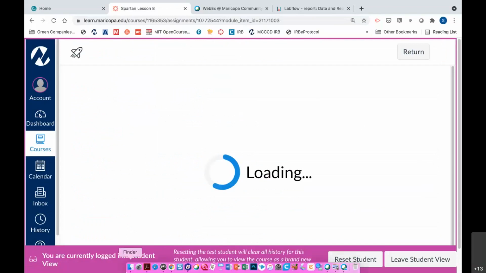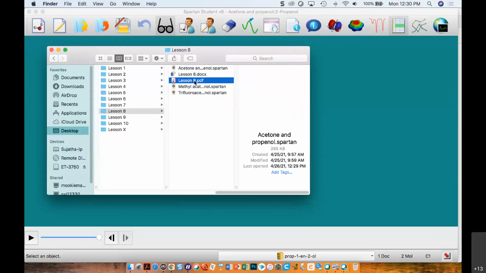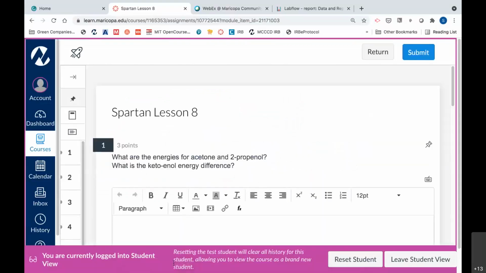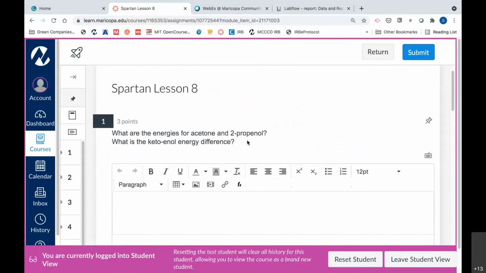I think I may have the questions here. So calculate the energies. You're asked to calculate. I've already done that, so you're simply going to write the energies. And I think I have a question on which one is more stable. What are the energies for acetone and 2-propanol?